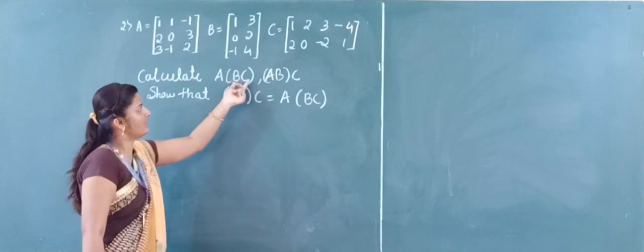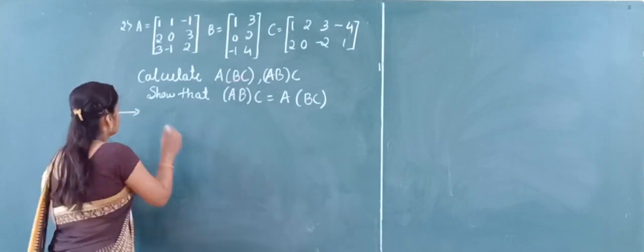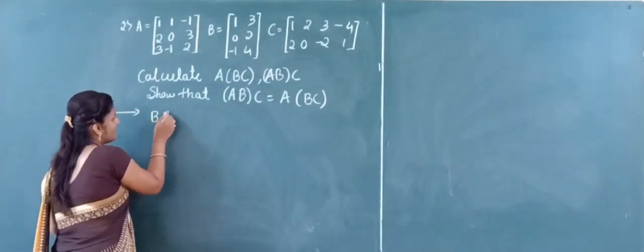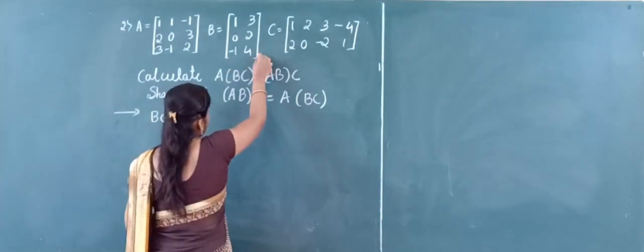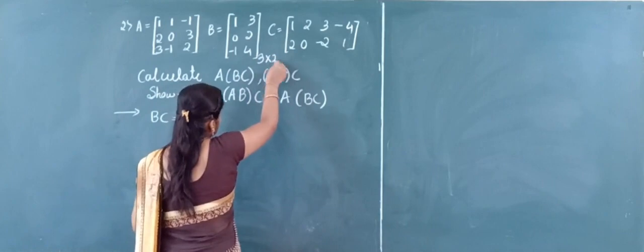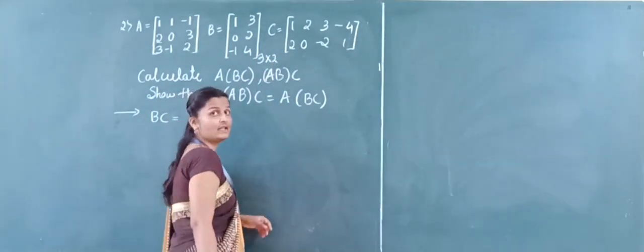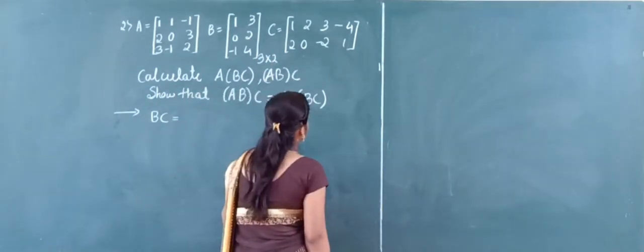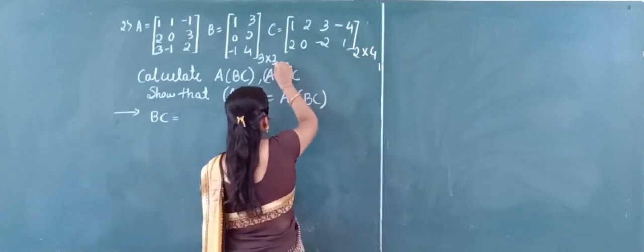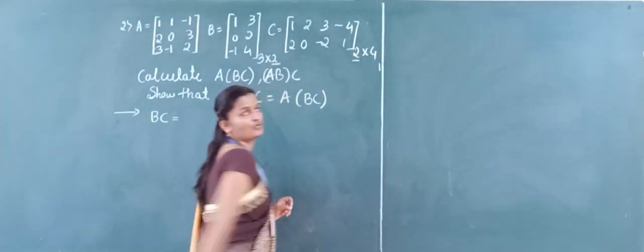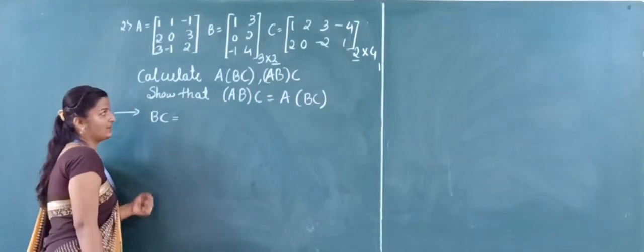You have to find out A into BC first, so I will first consider BC. What is our B? B is a matrix of order 3 by 2 and C is a matrix of order 2 by 4. Here the number of columns and the number of rows are the same, so we can multiply BC.